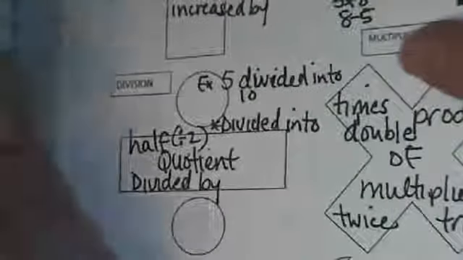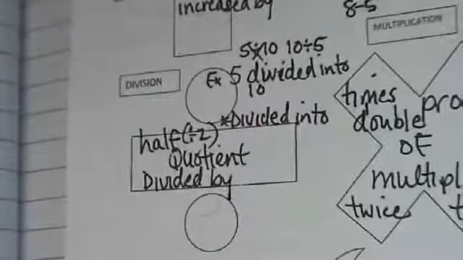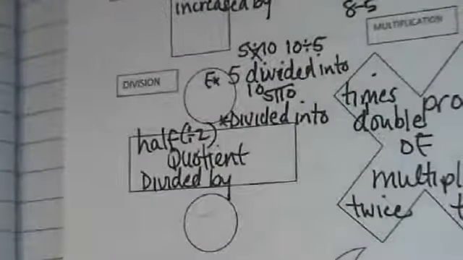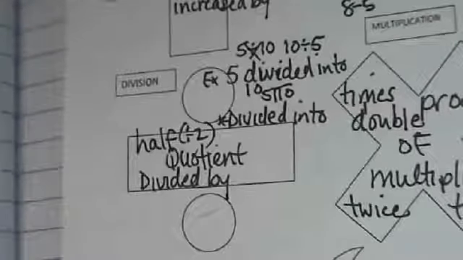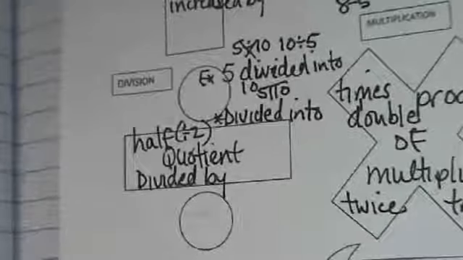You wouldn't write 5 divided by 10. You would write 10 divided by 5, okay? Or think about the box, which would be 5 into 10, right? So divided into is, again, kind of like a turnaround word. You've got to pay attention to which number comes first, okay?